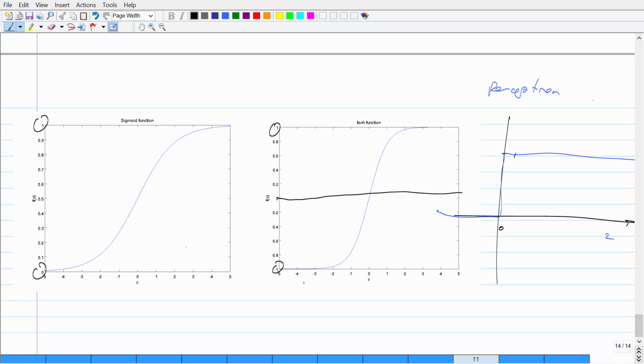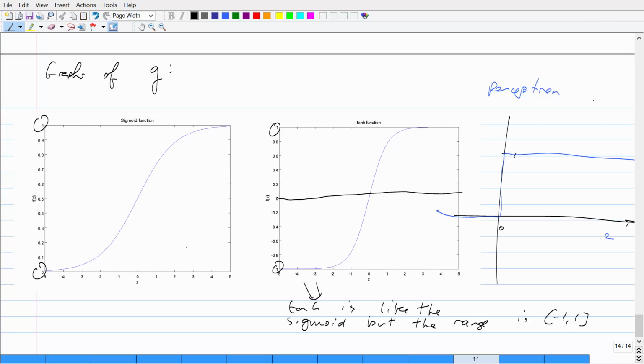So you can think of tanh as being like the sigmoid, but with the range between -1 and 1 instead of 0 and 1. Okay, so these are the graphs of g.